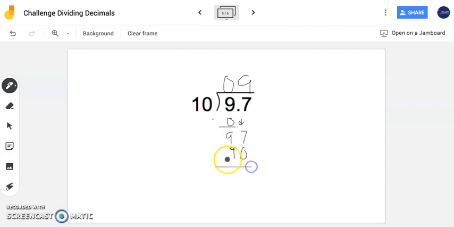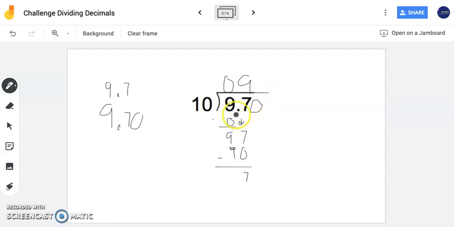But instead of saying my remainder of 7, I know that 9 and 7/10 is also equivalent to 9 and 70/100. So let's write 9 and 70/100 as my dividend instead. Notice I'm extending this bar a little bit to help me.